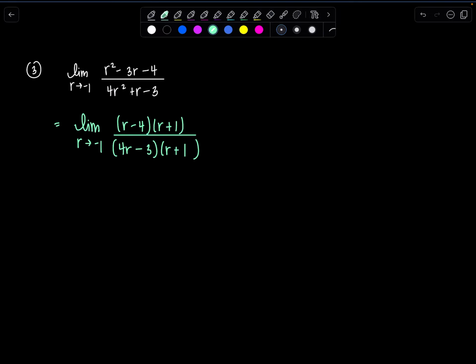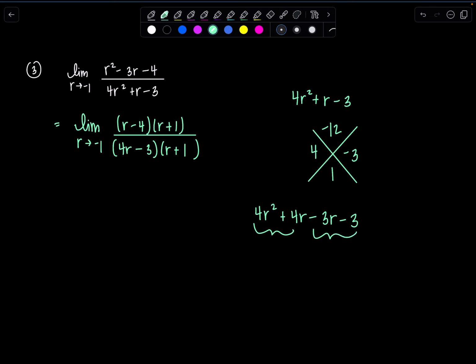If you're like, Professor V, that was never going to happen for me, that's fine. Let's do the AC method. So A times C, 4 times negative 3, that's negative 12. B is 1. So two numbers that multiply to negative 12 and add to 1 are 4 and negative 3. So then we write this as 4r squared plus 4r minus 3r minus 3.